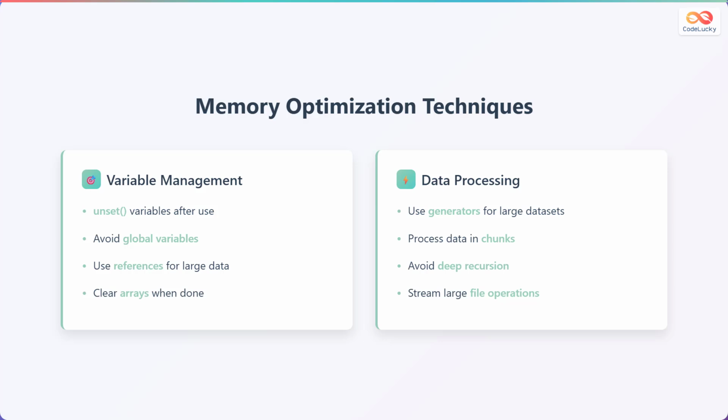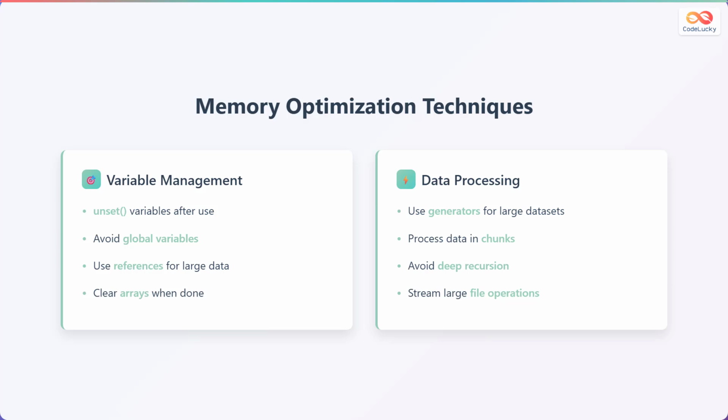Now, let's explore some memory optimization techniques that can significantly improve your PHP application's performance. When it comes to variable management, it's crucial to use unset to free memory after the variables are no longer needed. Avoid global variables because they consume memory throughout the script's execution. Use references for large data structures to avoid unnecessary copying. And clear arrays when you're finished with them to release the allocated memory.